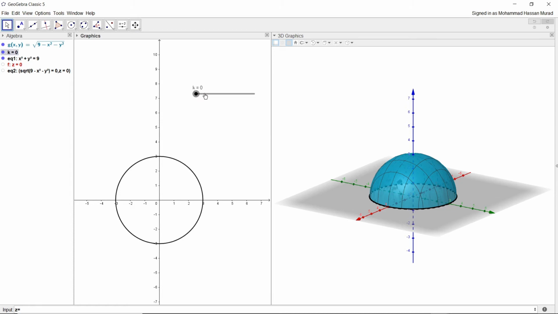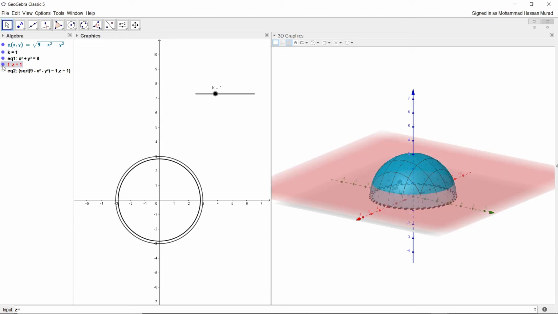Now for the next k value, k equals 1, we get another circle. This level curve is obtained by intersecting the sphere by the plane z equals 1. And we see that the intersection is this circle, which is parallel to the xy plane, but at height 1, z equals 1.